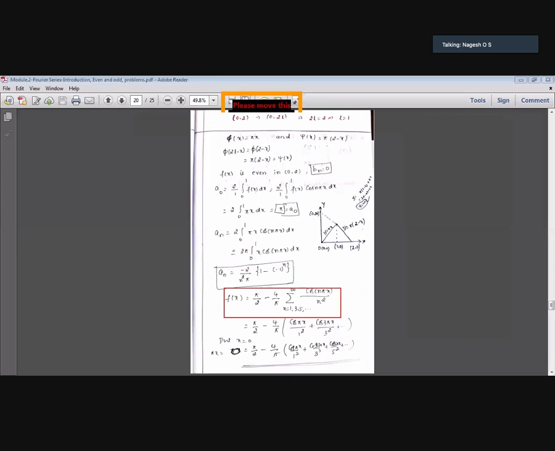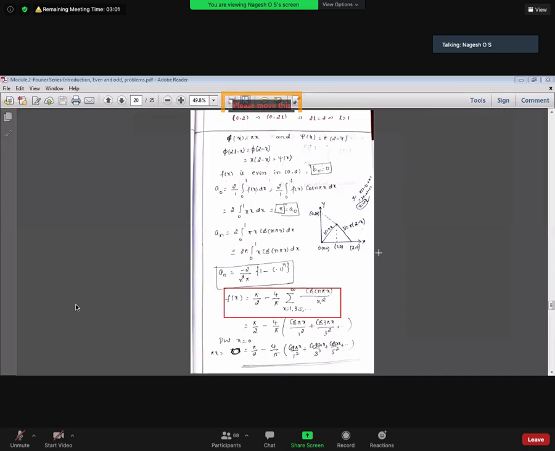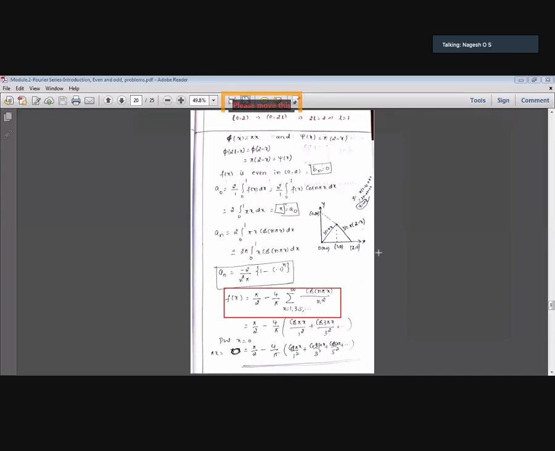Okay, after this, substitute the n value. So put x equal to 0. You will get this.